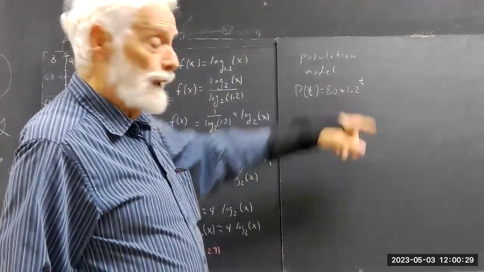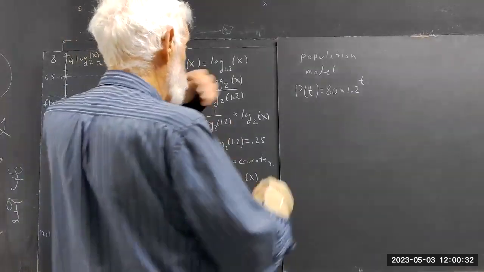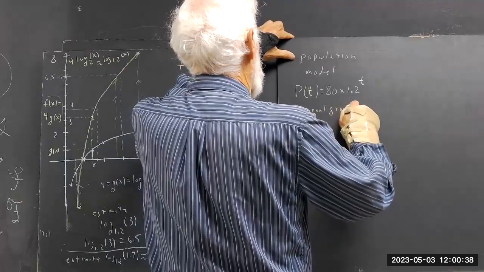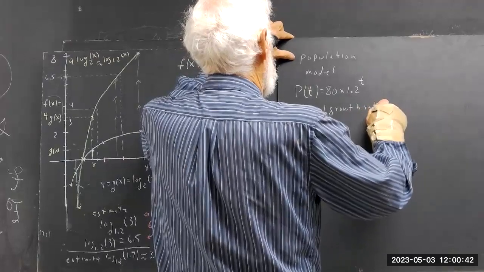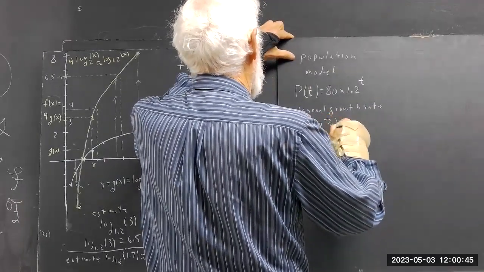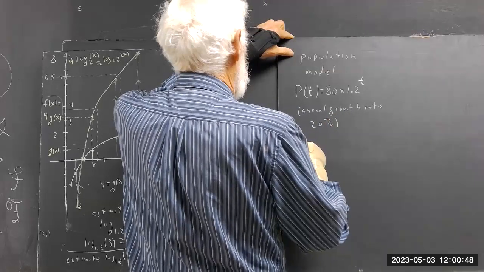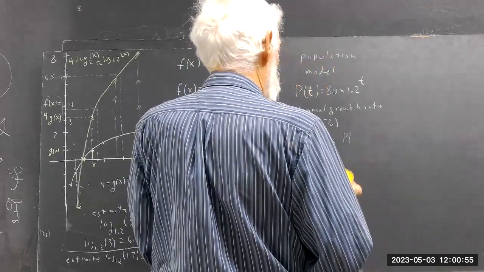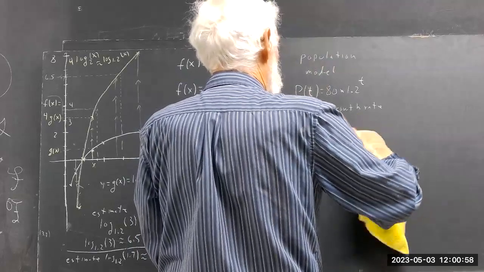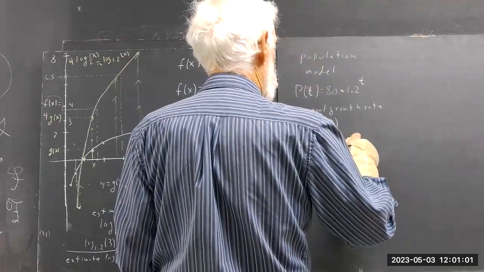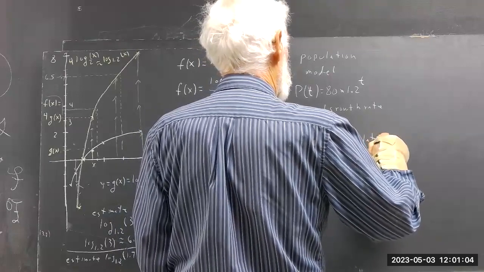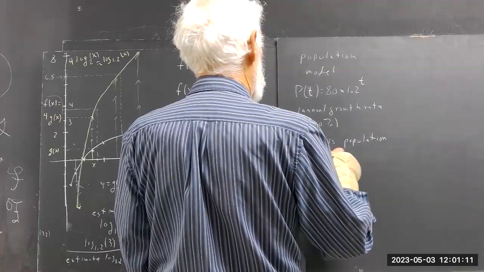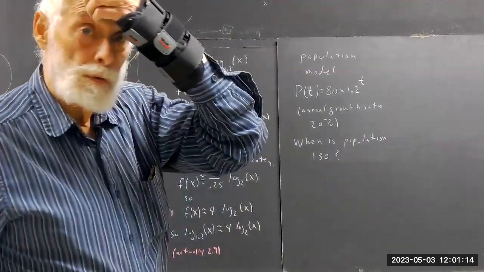And again, that corresponds to an annual growth rate of 20%, right? So when will the population be 130?